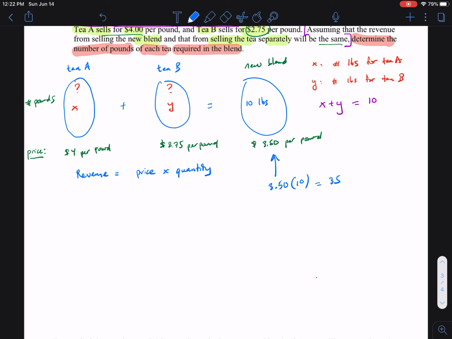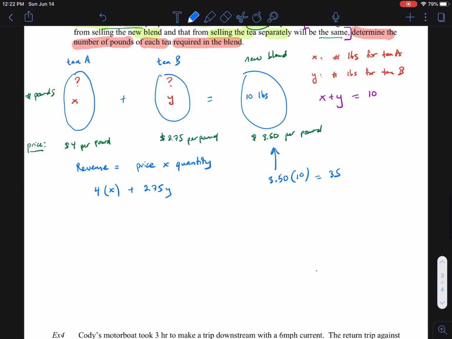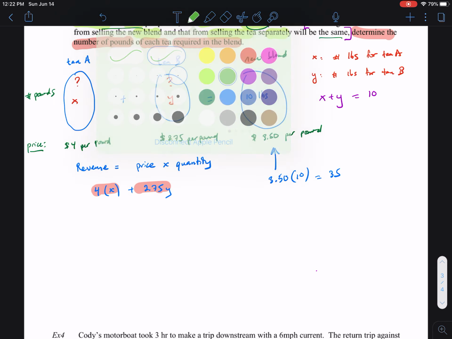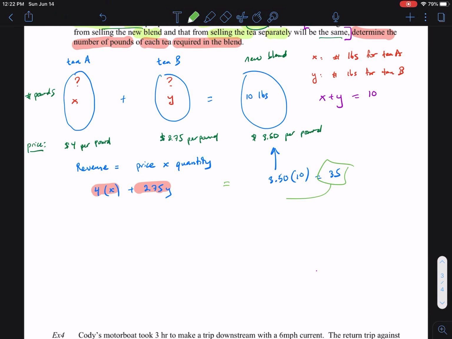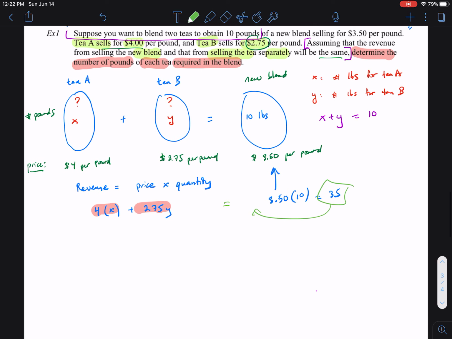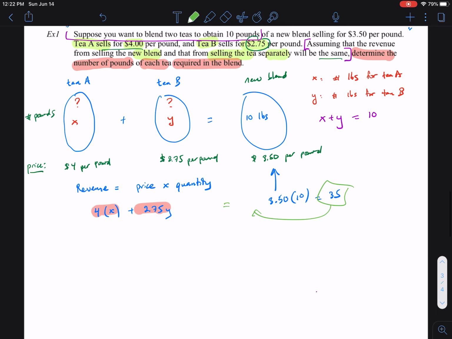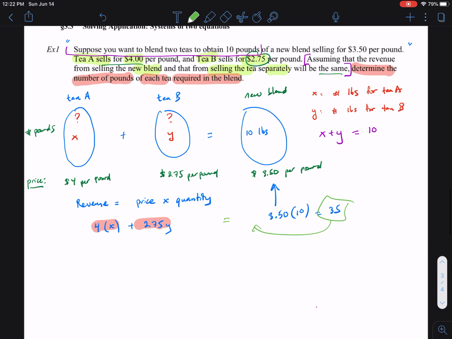The revenue for TA and TB is calculated as 4 times X plus 2.75 times Y. We want this revenue to be equal to the revenue of selling the new tea. So that's the revenue information, and also the quantity, which is the number of pounds we use for this mix.